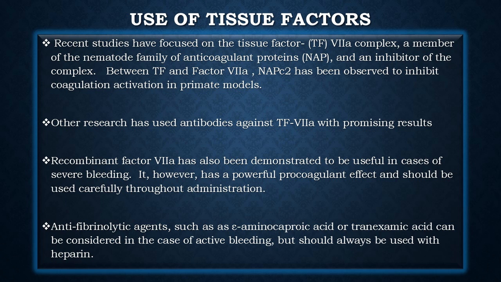Other research has used antibodies against tissue factor 7A with promising results. Recombinant factor 7A has also been demonstrated to be useful in the cases of severe bleeding. It, however, has a powerful procoagulant effect and should be used carefully throughout administration.